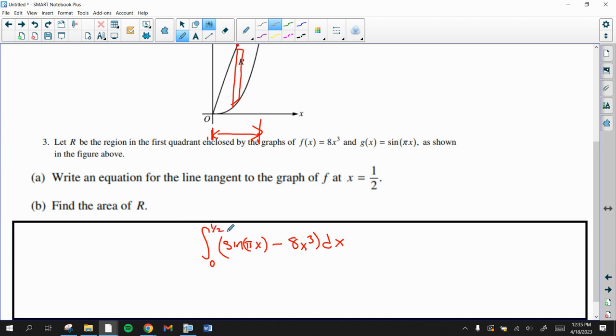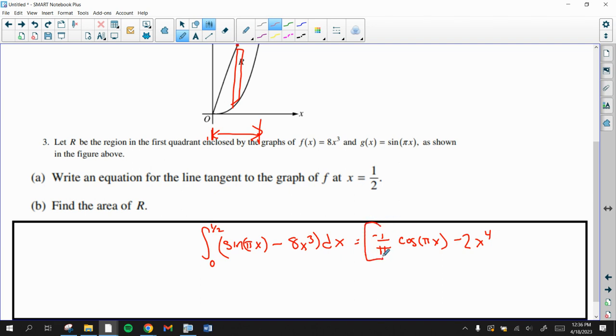Now, this one we're going to have to integrate because we are going to have to get a numerical answer. So the integral of sine of pi x is 1 over pi, because it's pi x. You can use u substitution if you want. The integral of sine is negative cosine, so negative 1 over pi cosine pi x. And then the integral of negative 8x cubed is 8x to the 4th over 4, so minus 2x to the 4th.